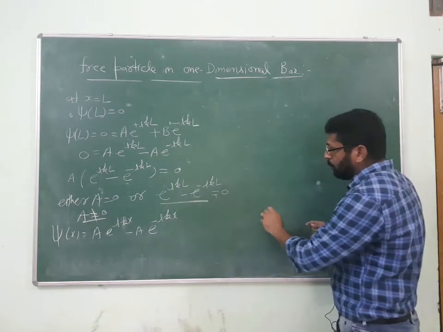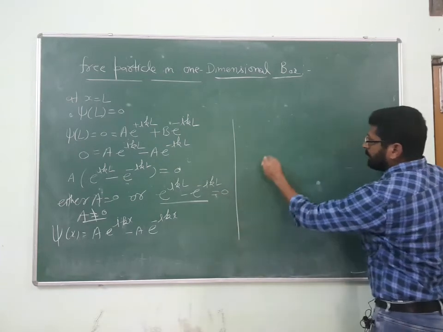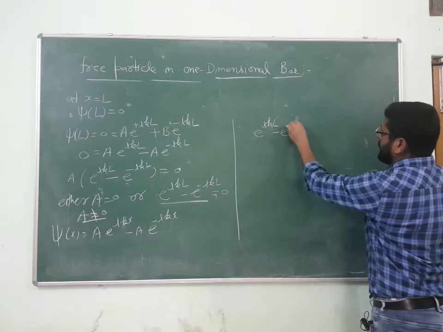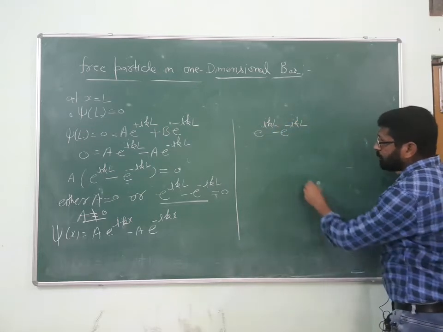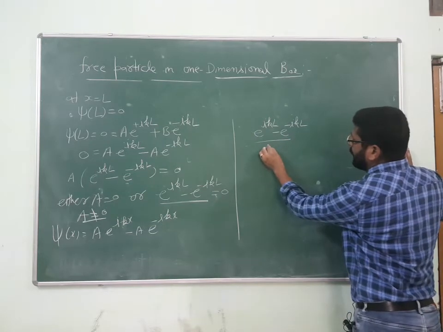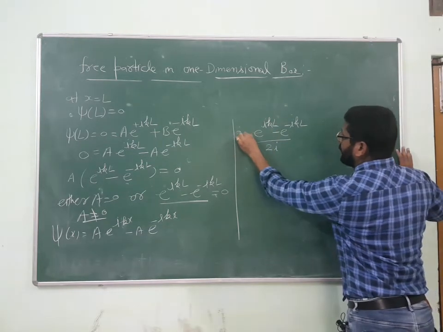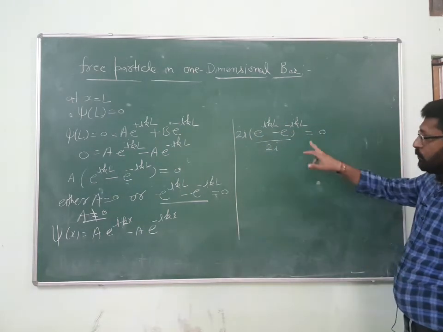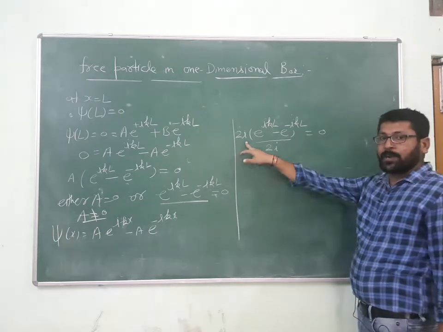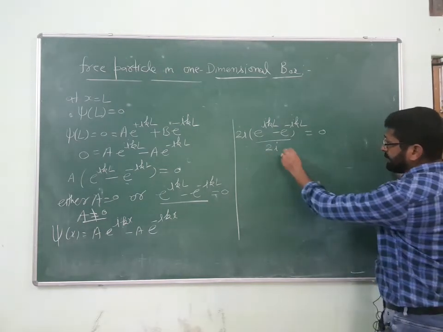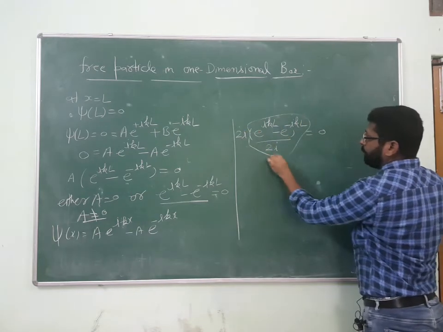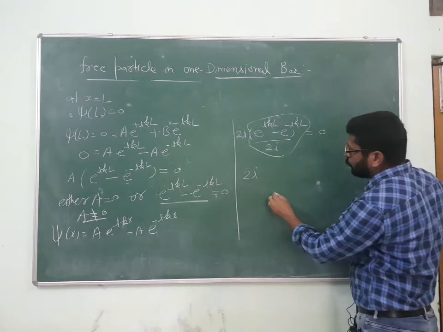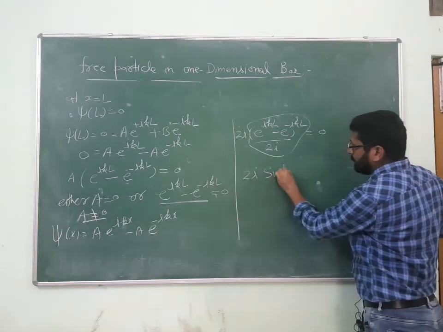So if this term is 0, we can rearrange it. This is exponential iota kL minus exponential minus iota kL. What we do is divide this term by 2 iota and multiply by 2 iota. We have multiplied and divided by the same term, and this whole thing will become twice iota sine kL.